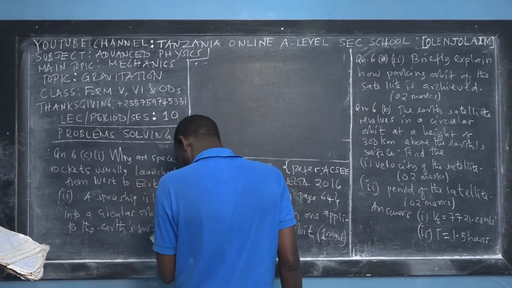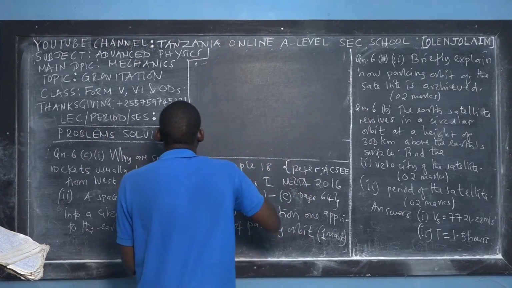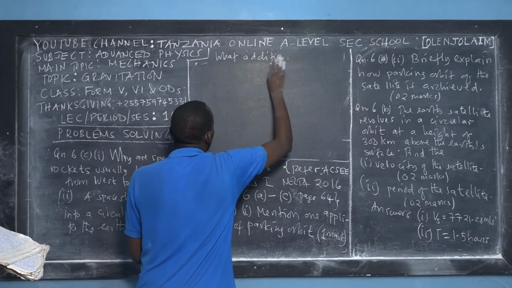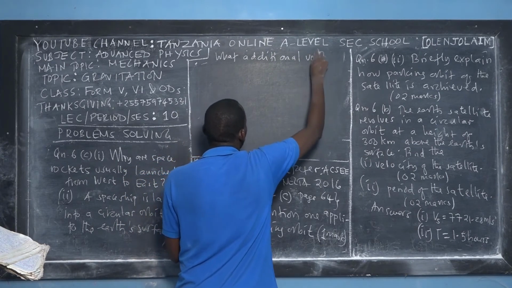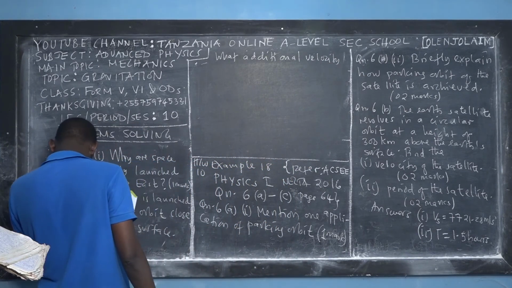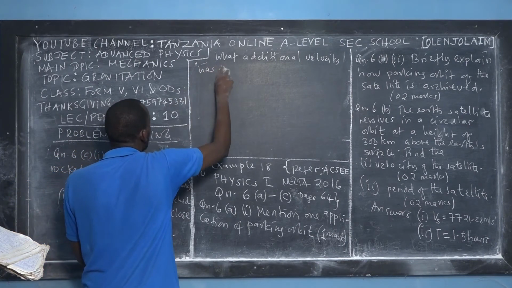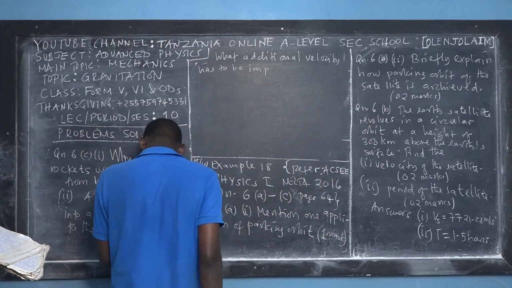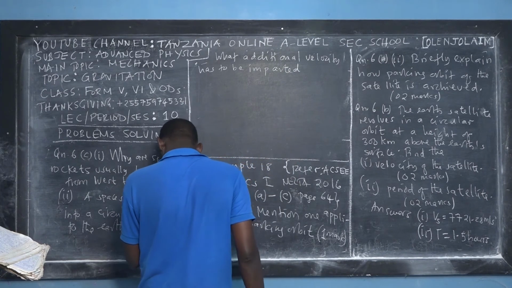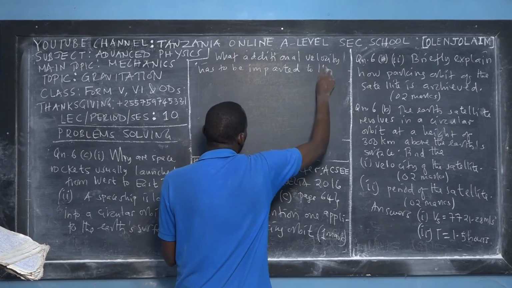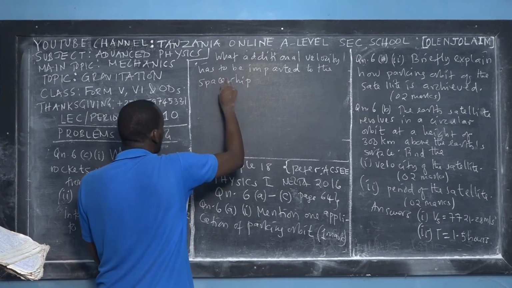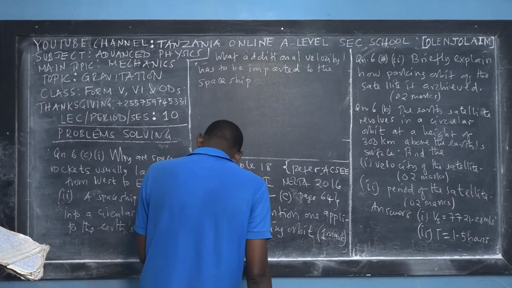So, close to the Earth's surface, what additional velocity has to be imparted to the spaceship in order to overcome gravitational pull?